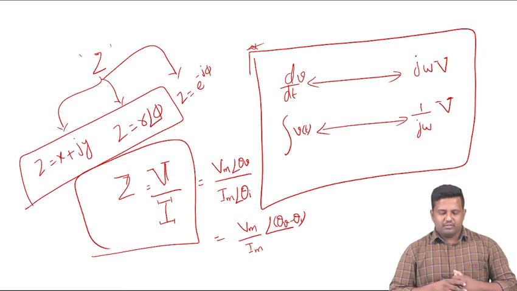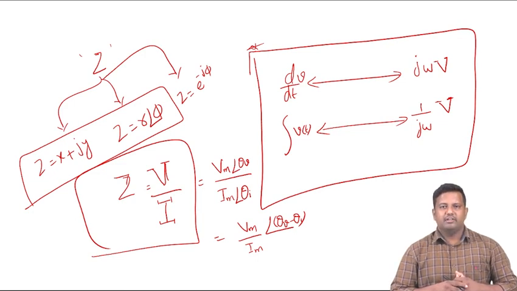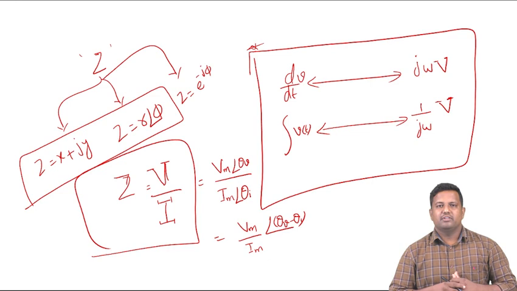So this is some introduction regarding AC circuit analysis. In the next classes, we are going to see important terminologies like impedance of the network, admittance of the network, susceptance, conductance, power factor, and complex power, active power, apparent power, reactive power.